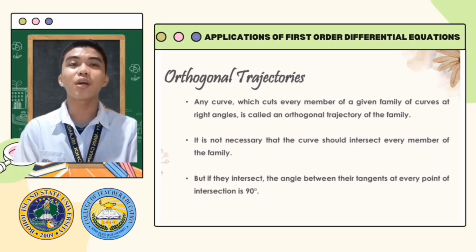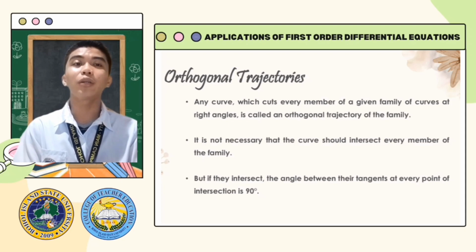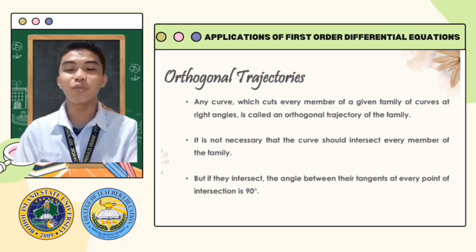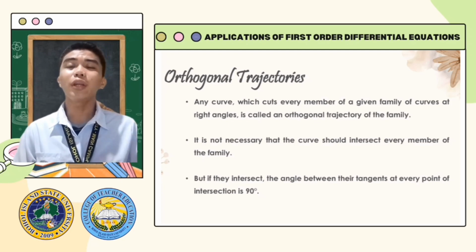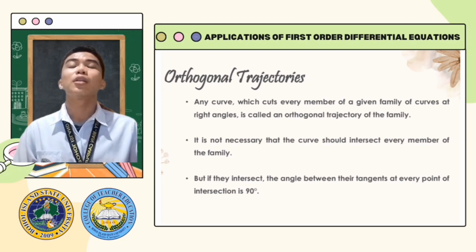It is not necessary that the curve should intersect every member of the family, but if they intersect, the angle between their tangents at every point of intersection is 90 degrees. Orthogonal means perpendicular to each other, so with orthogonal trajectories, the point of intersection is at 90 degrees, or a right angle.